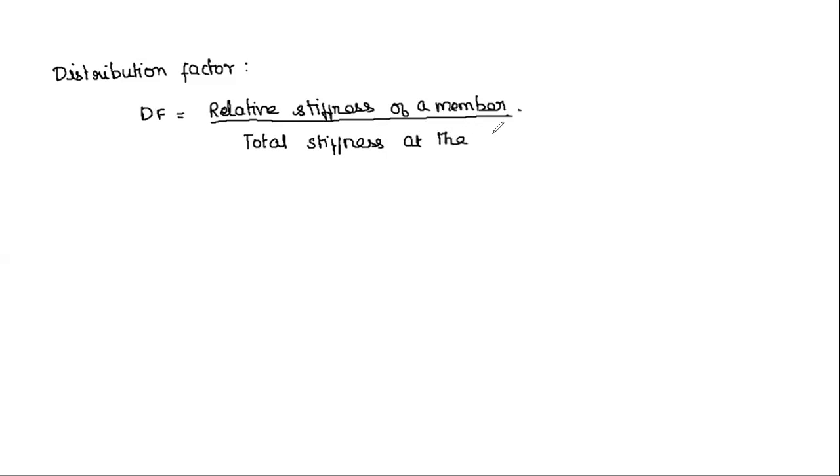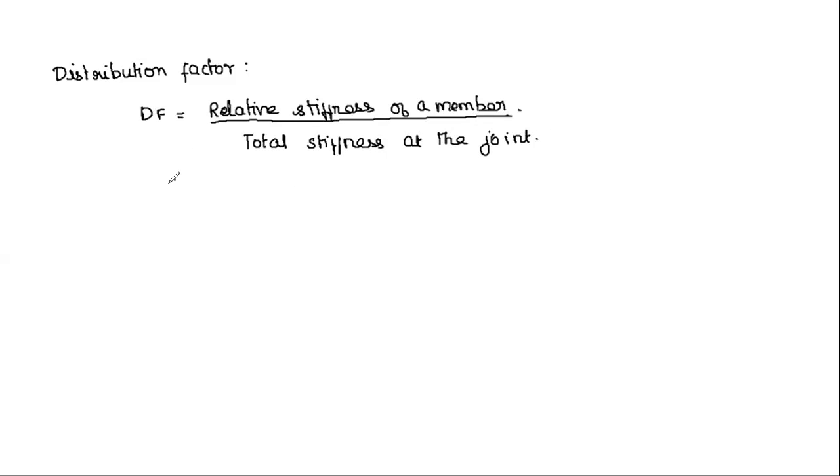So distribution factor is the ratio of relative stiffness of the member to the total stiffness at the joint.